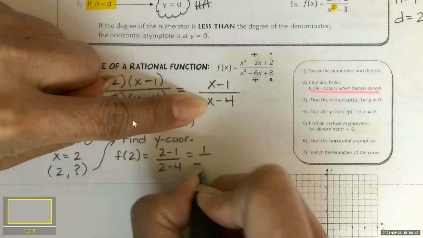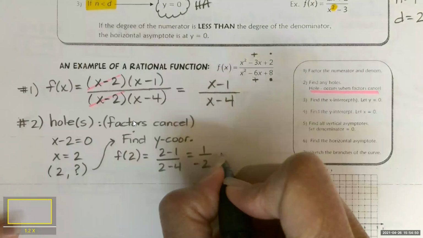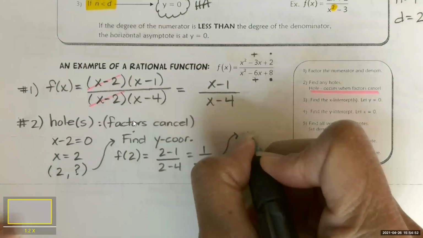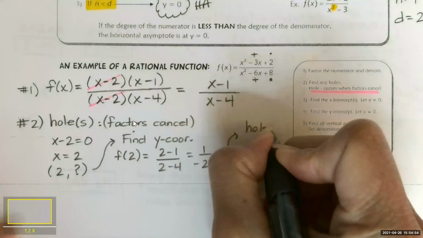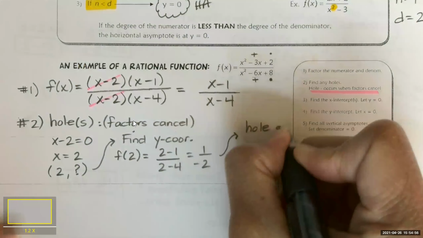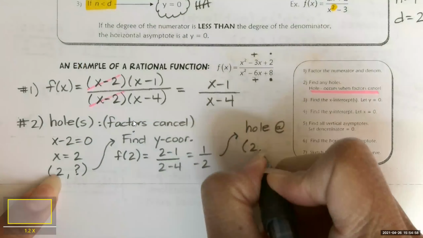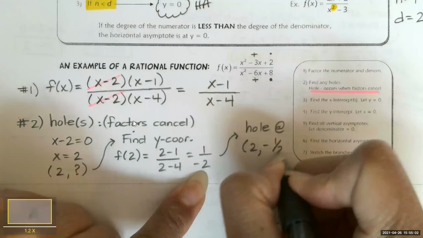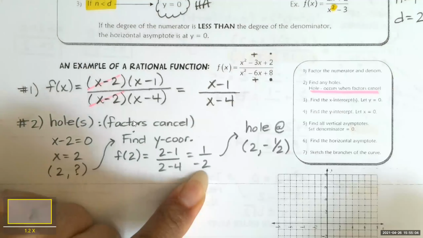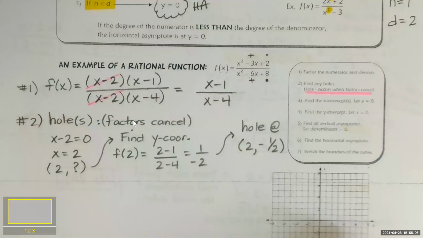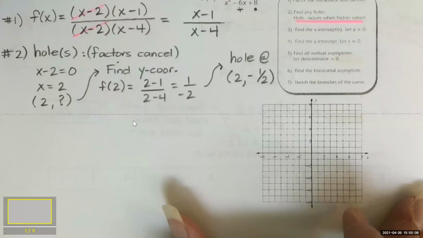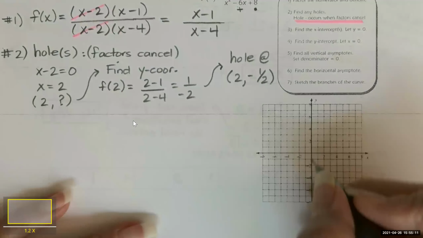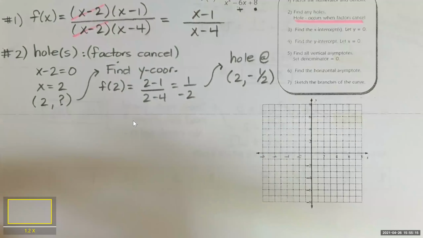So what does that mean? That my hole occurs at 2, comma, negative 1/2. So let's come over here and plot the hole. 2, comma, negative 1/2 means go down half a unit.